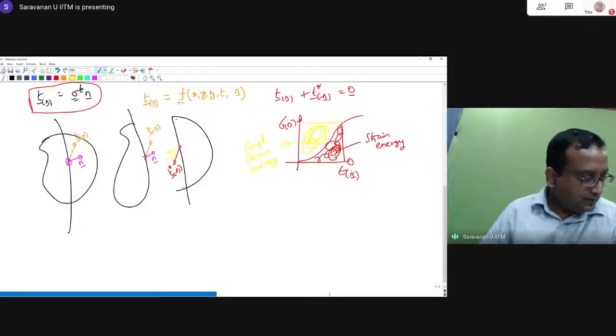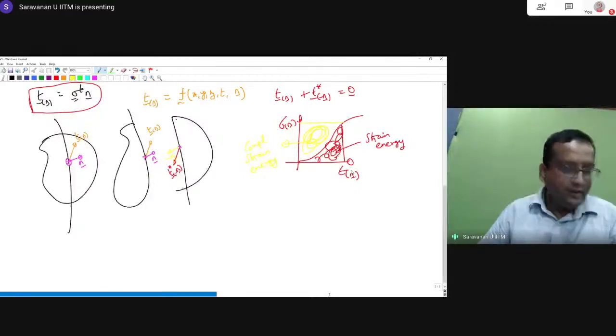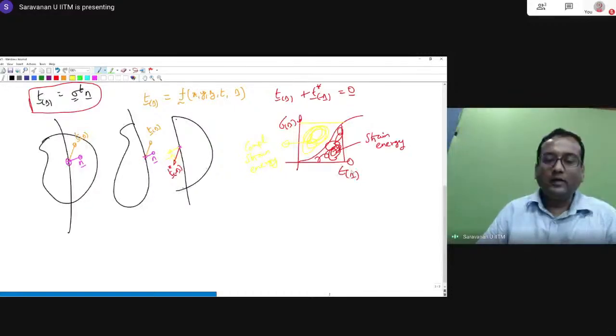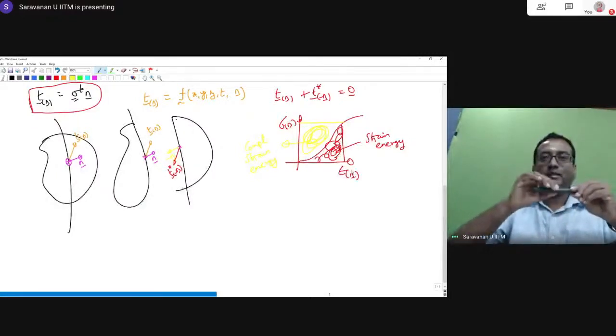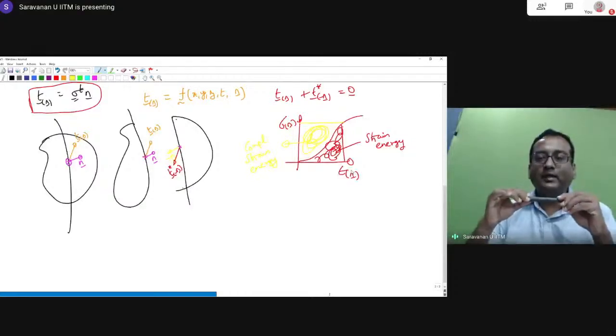Why do you need them? You can't have a quantity which depends on a coordinate system. For example, if I take this body, pull it and it fails, the failure load doesn't depend upon what coordinate system I use to analyze this problem, right? That's why the failure theories are based on the invariants of the stress tensor.